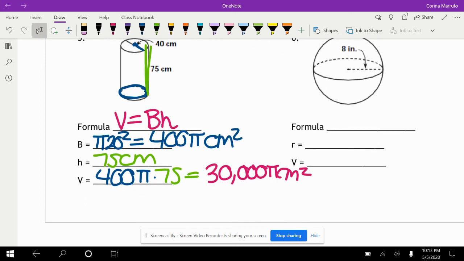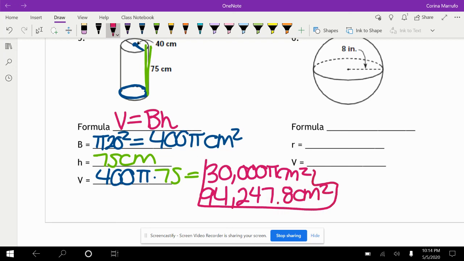If they wanted it as a decimal, I would take 30,000 and multiply it times pi, and this gives me 94,247.8 centimeters squared. So either answer is correct, just one is in terms of pi and the other one is as a decimal.